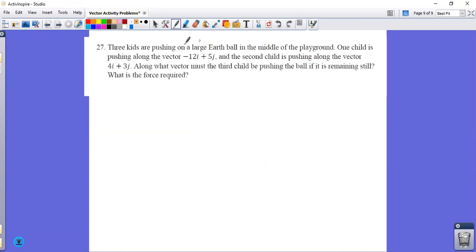All right, so this last one, you have this earth ball. It's a huge ball that's like on a playground. One child is pushing it negative 12 plus 5, so they're going this direction on the earth ball. A second one is pushing it positive 4 plus 3i, so this direction. And we want to know which direction the third child should push to make it remain still.